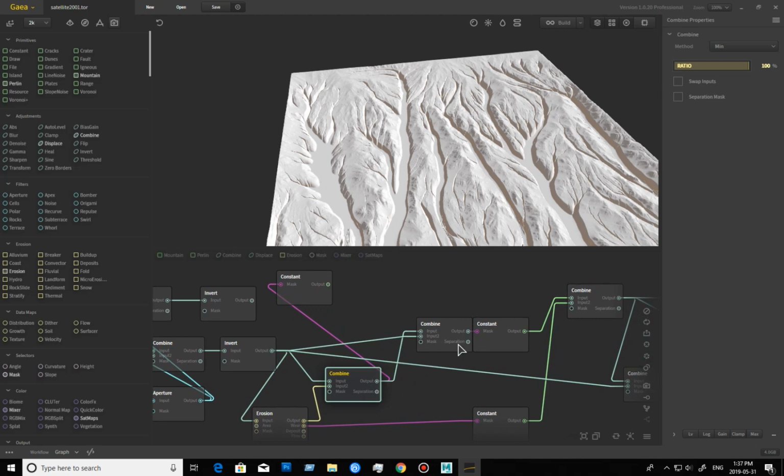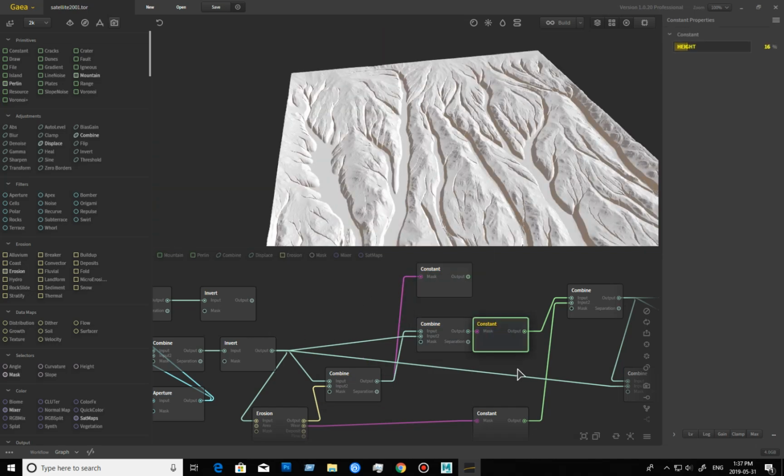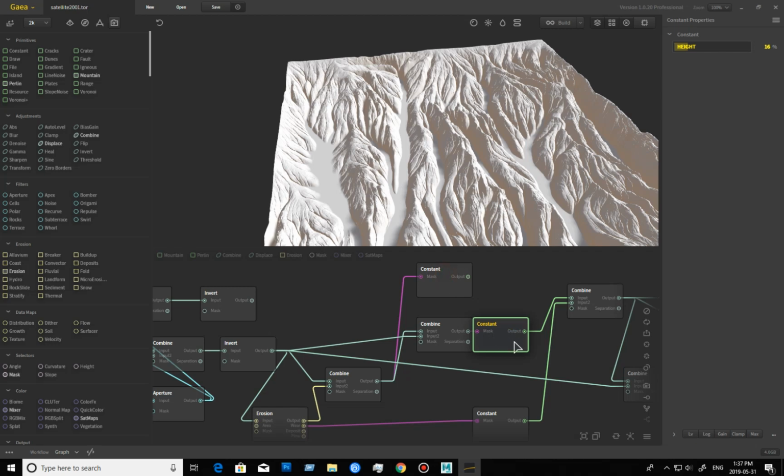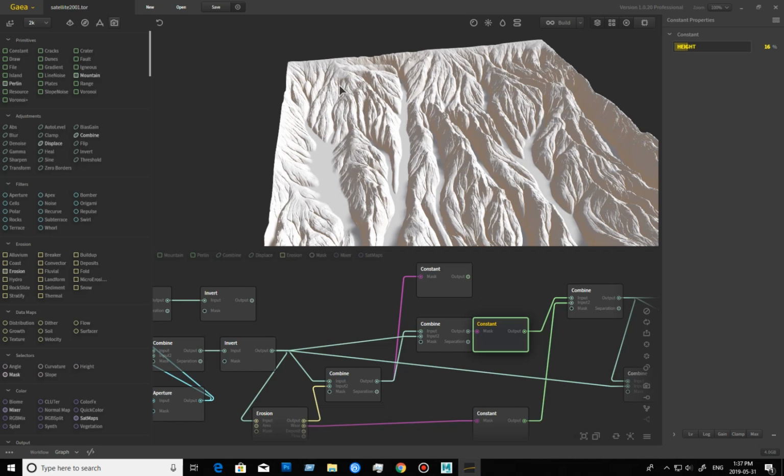Then I took that and I multiplied it with its original shape. Right? So multiplying it with itself, I get more prominent peaks.